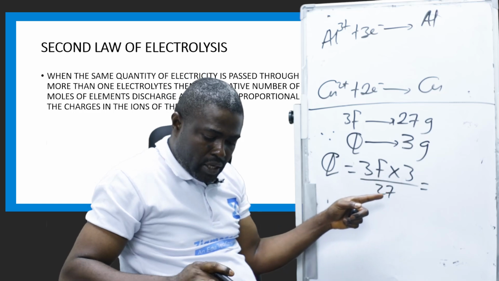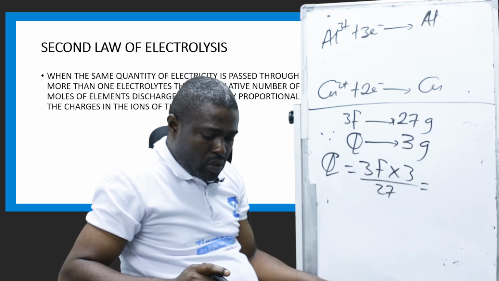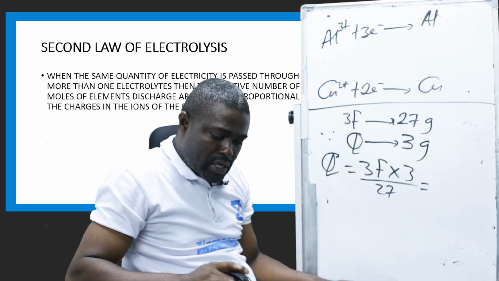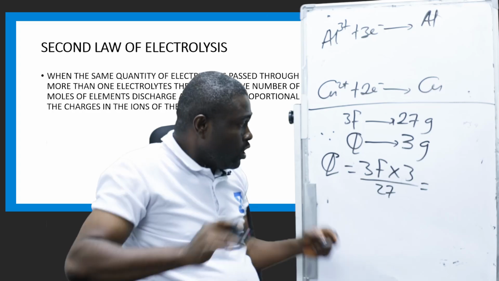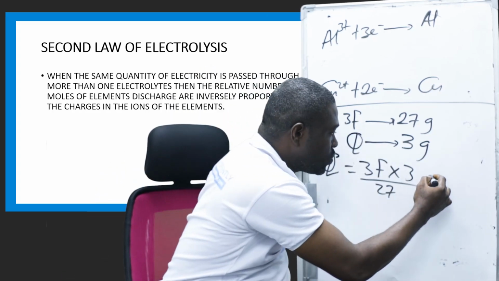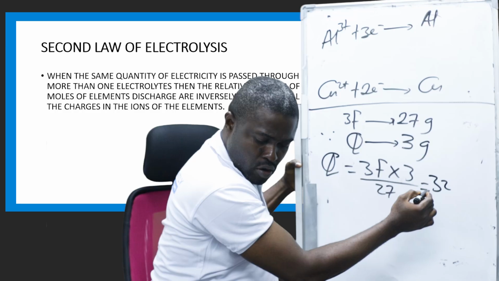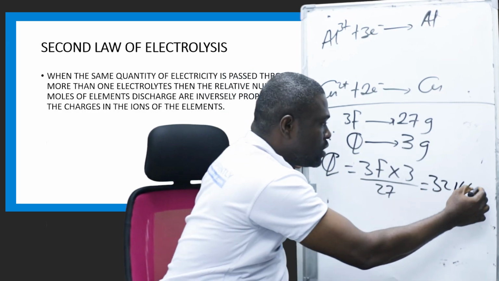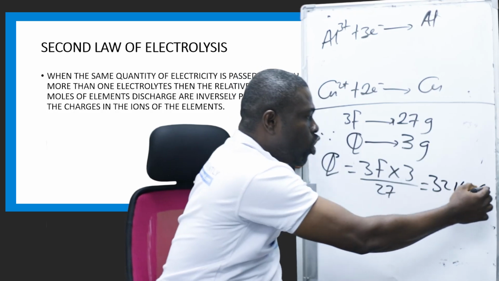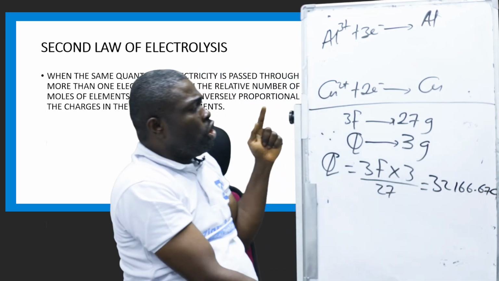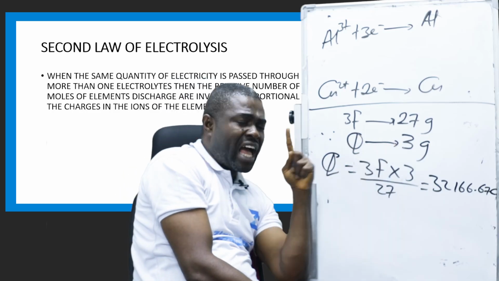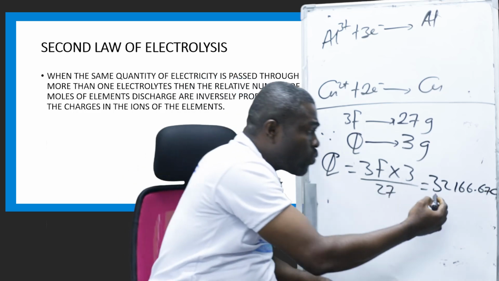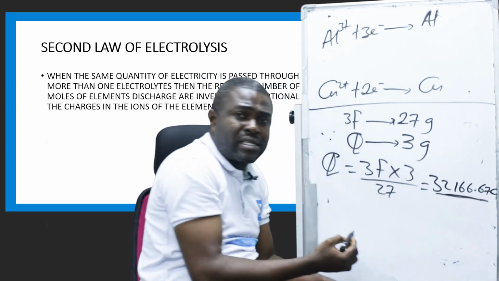Then times what? 3 all divided by 27. Okay? So the quantity of electricity there now is what? 32166.67 coulombs of what? Electricity. You are using the mass, the one that have given you the mass, to calculate the quantity that is involved. So this is the quantity of electricity that was actually passed across.